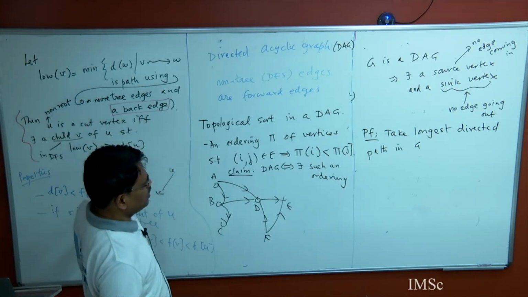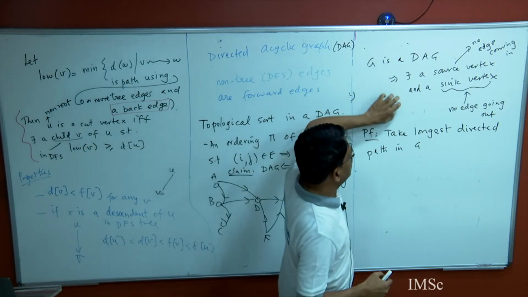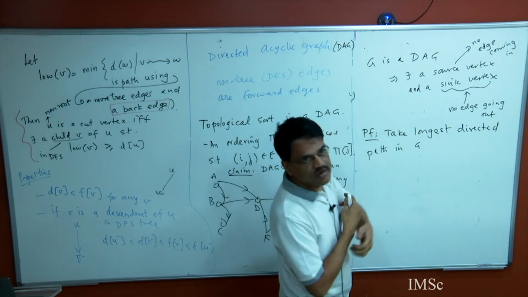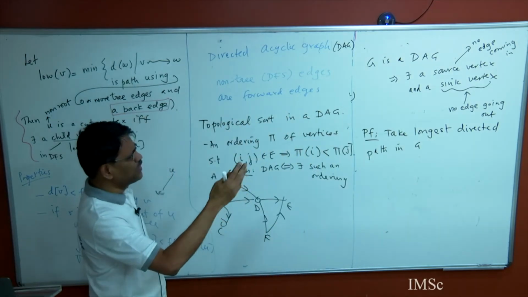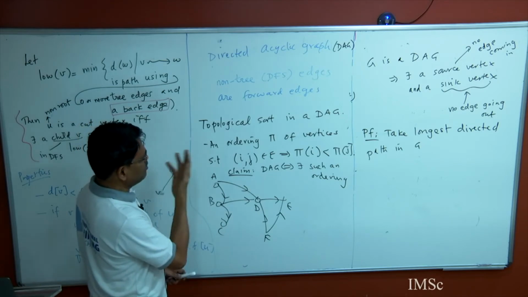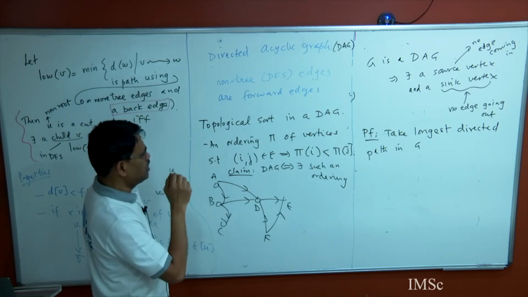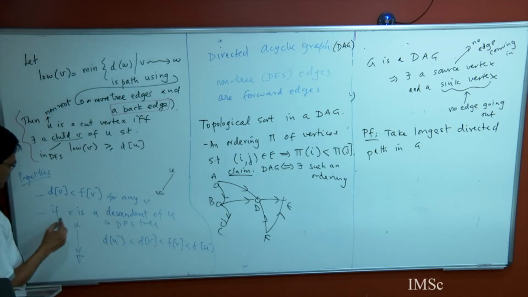Okay. So as I said, this proof, finding a source and repeatedly deleting it, will convert into some simple mn kind of an algorithm. But what I want to tell you is that DFS actually gives you a one-shot algorithm using this property.